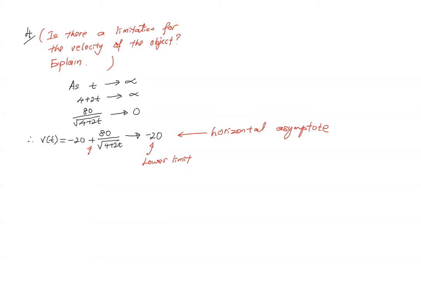So how am I going to tell people about the value of V(t)? So I will start to answer the behavior. Okay, I've studied the behavior. So therefore, I make a conclusion. Therefore, the velocity of the object... Okay, what will your conclusion be?